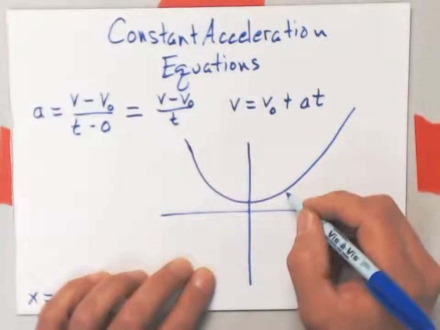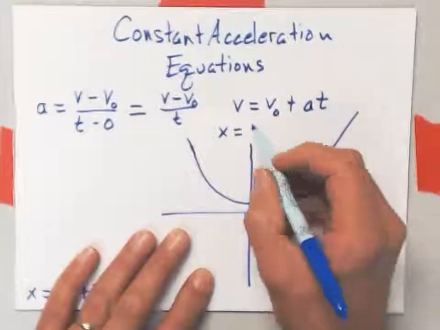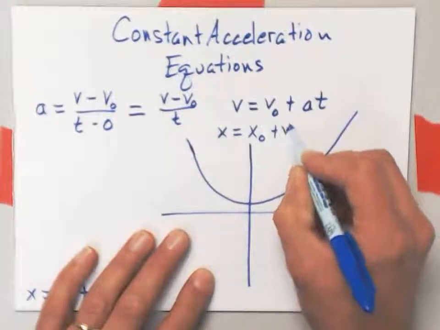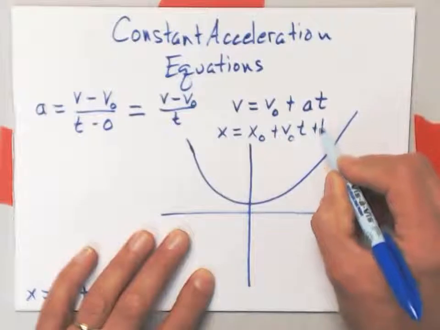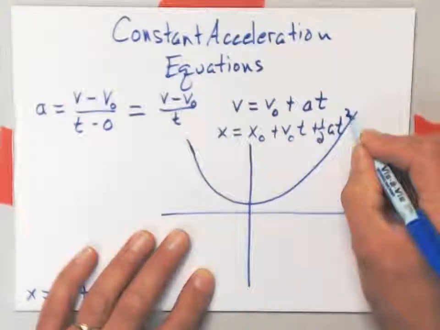This will be the graph of this equation, x naught plus v naught t plus 1/2 at squared.